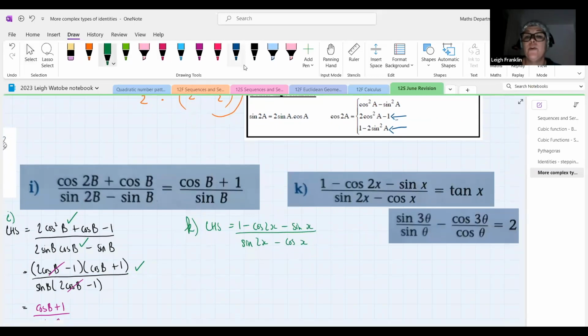If you are busy working on the third question, then you can just check back to make sure that you've got this correct. Otherwise, this is what we would do, okay?